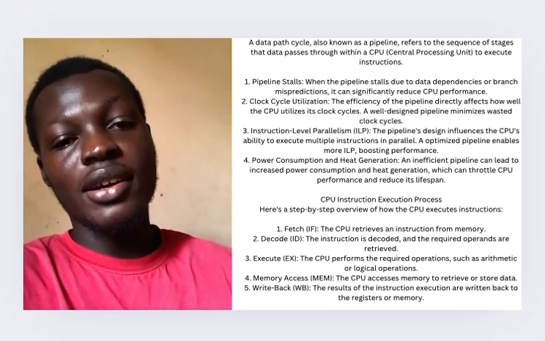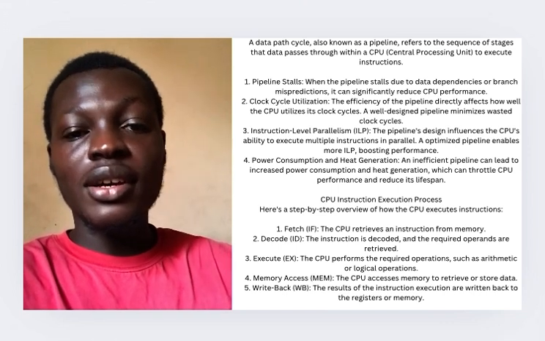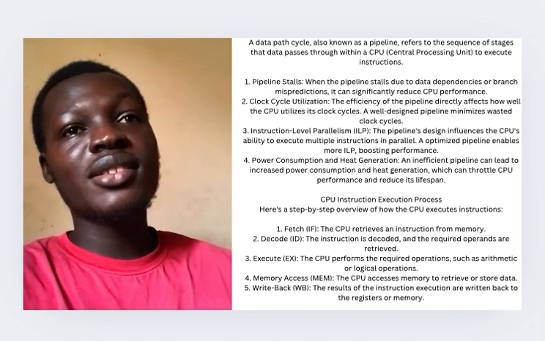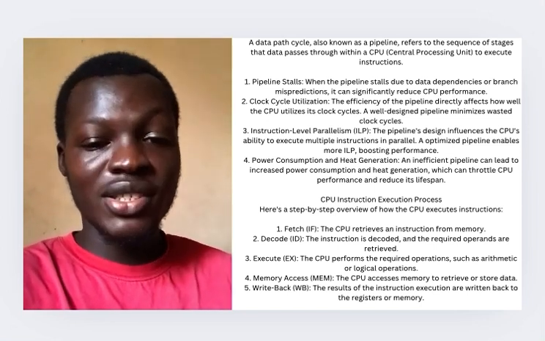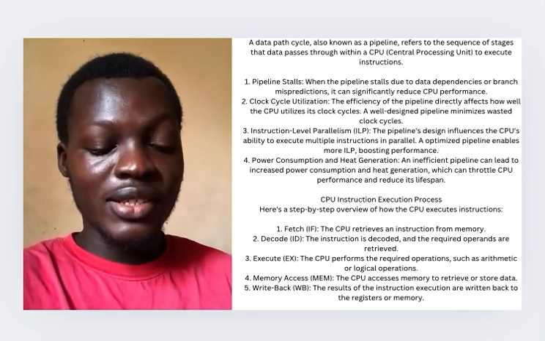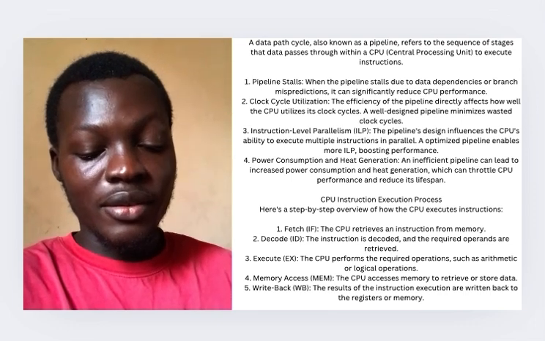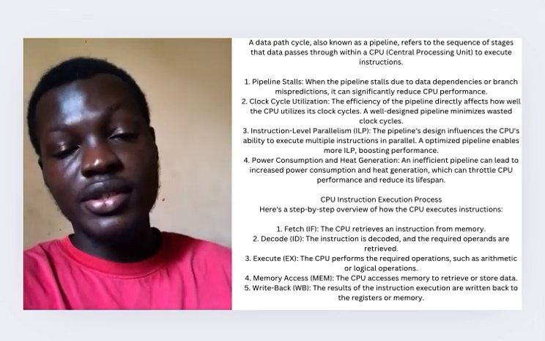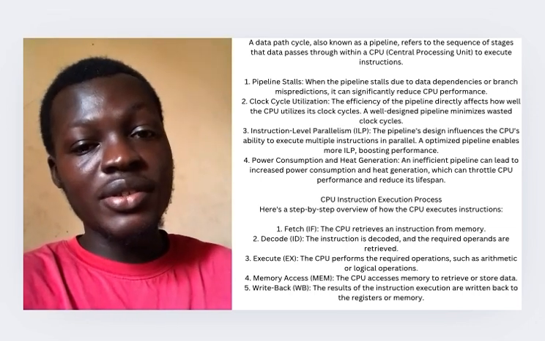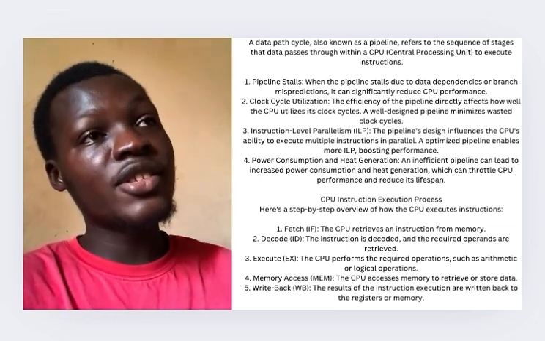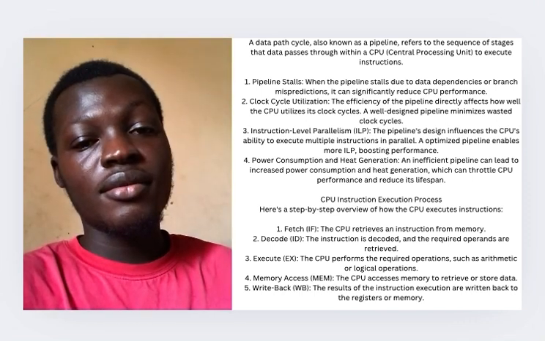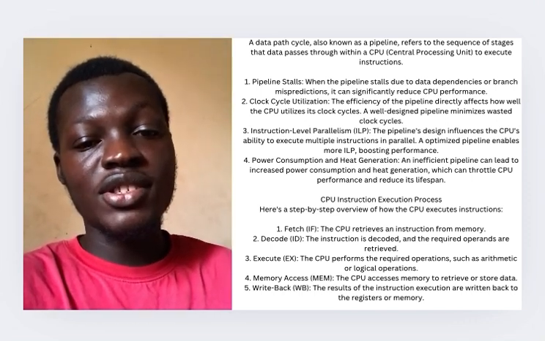So, high power consumption and the generation of heat during, let's say, processing of some information or data, can lead to the throttling of the CPU's performance, reducing the performance of the CPU, and reducing its lifespan.